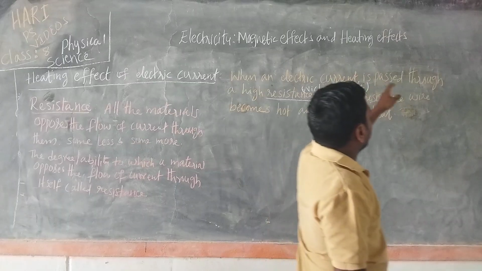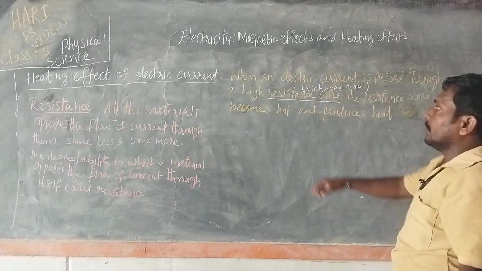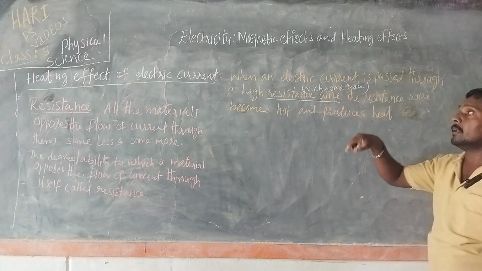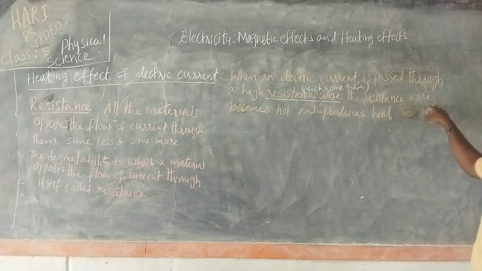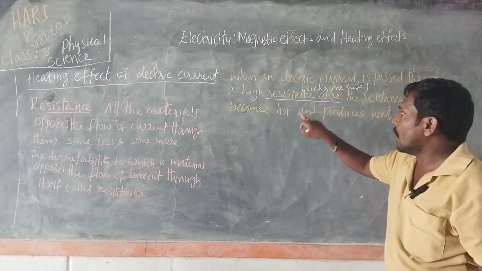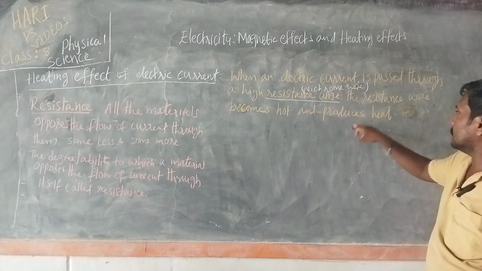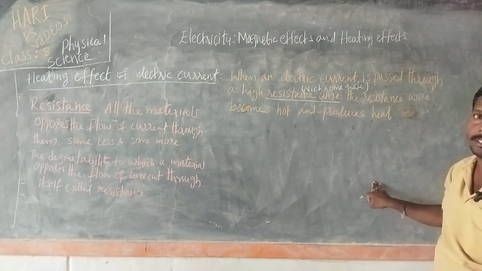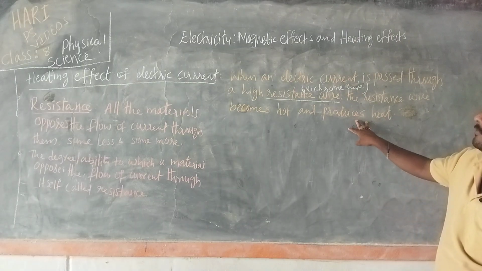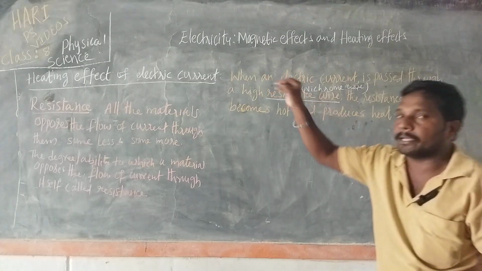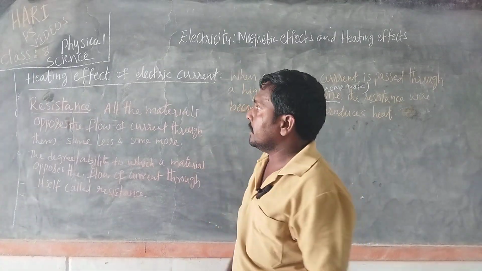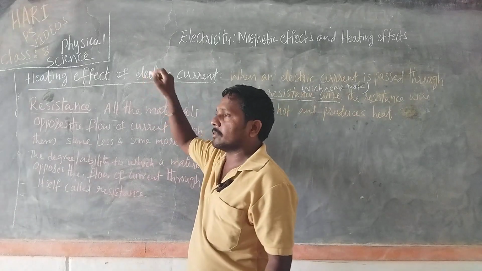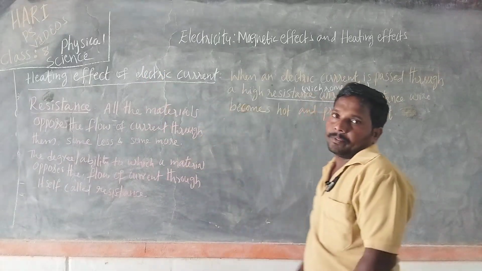So, when an electric current is passed through a high resistance wire like nichrome wire, the resistant wire becomes hot and produces heat. Such an effect of electric current is called the heating effect of electric current.